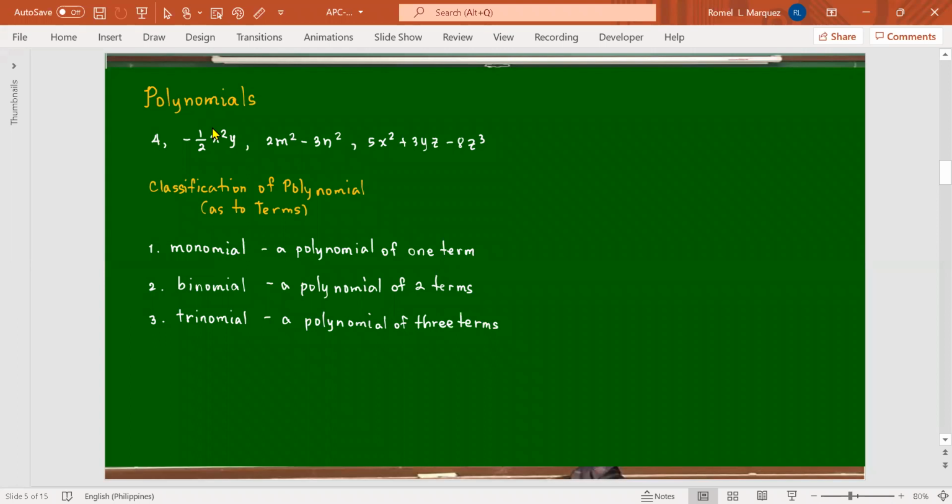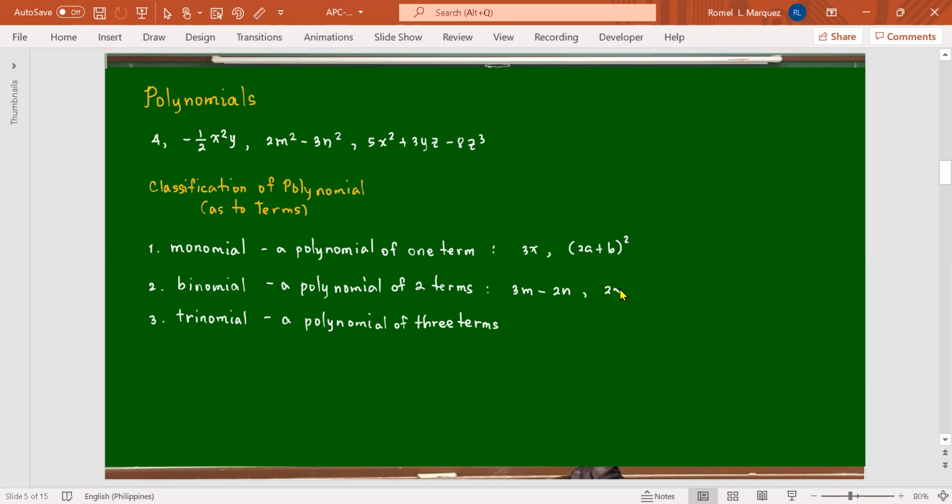So, how are you going to define polynomial, children? Examples of polynomial: 3x. I consider this as monomial, no? If you have 1 term like this, considered monomial. Binomial: 3m minus 2n.